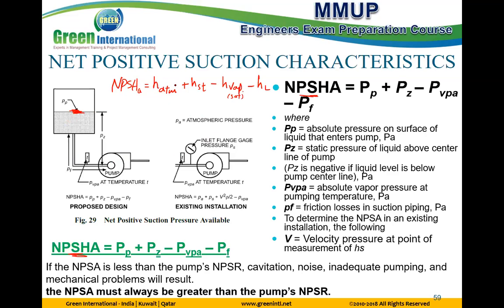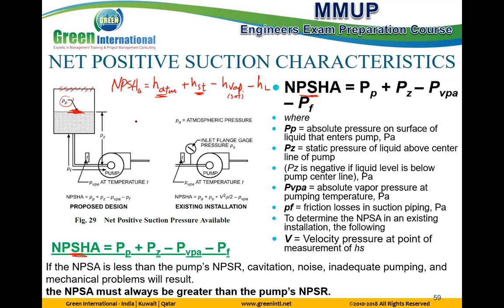It's not atmospheric then. Normally almost all examples have the flow coming on the suction side from a big reservoir, so regularly H atmospheric refers to exactly atmospheric, but sometimes the reservoir is a closed tank, so the pressure should be the pressure inside. Is the meaning of this part clear? This is the pressure at the surface here.